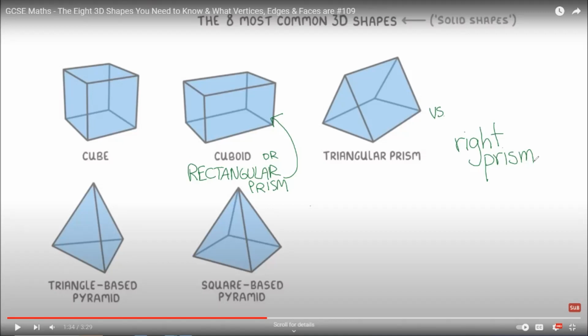So you can see here, I don't think that this triangular prism is a right triangle. It looks a little more either equilateral or isosceles to me. A right prism has bases that are clearly right triangles.